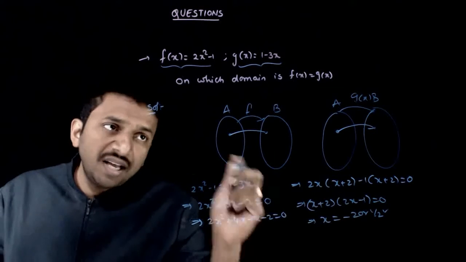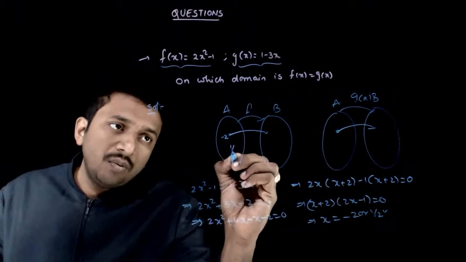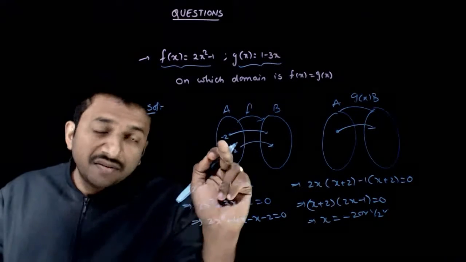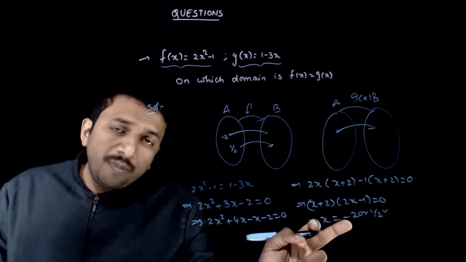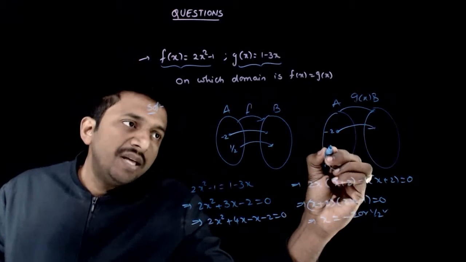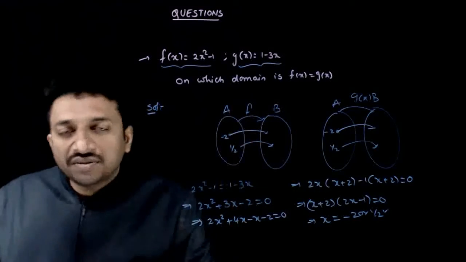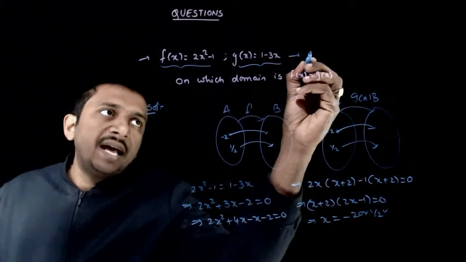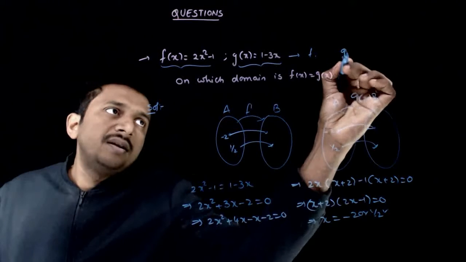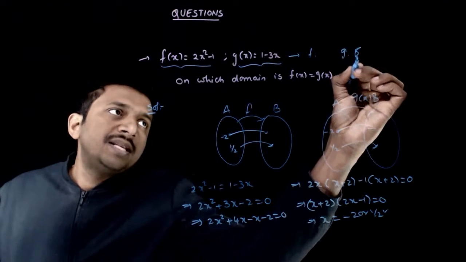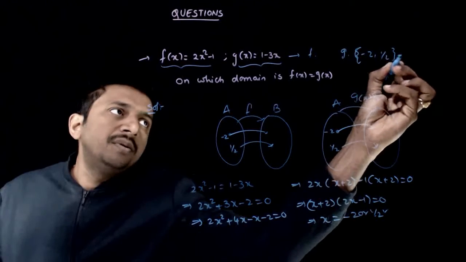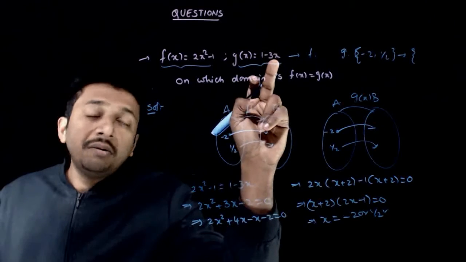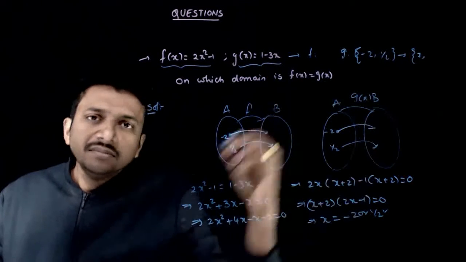That is, when x is equal to minus 2 and x is equal to 1 by 2, the image that f gives will be exactly the same as the images that g gives. So within this domain, that is, if f of x and g of x are defined from the set minus 2 comma 1 by 2 to the set of images, if x is equal to minus 2, 1 plus 6 is 7.